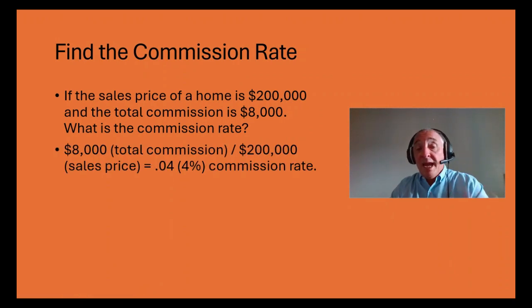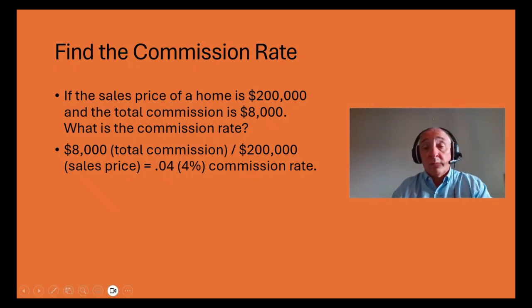If you take the $8,000 total commission and divide it by the $200,000, you're going to get a 4% commission rate. If I have the commission rate and the sales price, I can easily find that $8,000, so you can double check your numbers. If I have the commission rate and the total commission, I can find what the home sold for. Let's go to the next problem, and I'll show you how to do that.